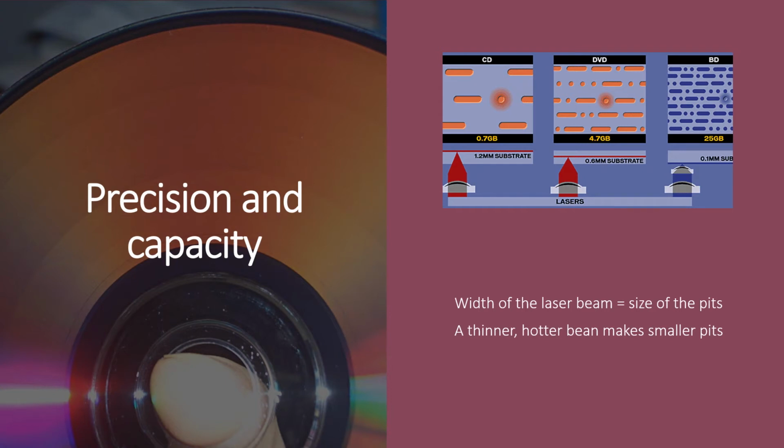The smaller the holes, the more data you can get into the available space. So DVDs have got smaller pits than CDs, and Blu-ray devices are even smaller, and that means you can store more information on a Blu-ray disc than on a CD.